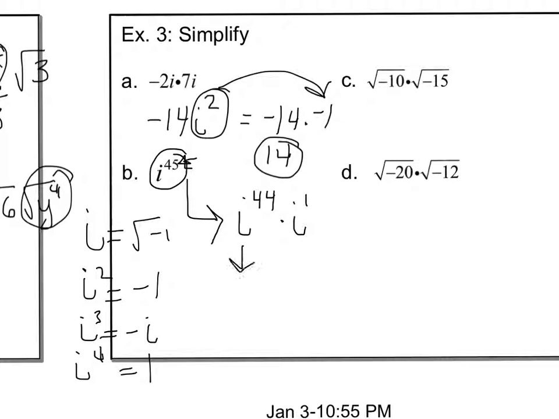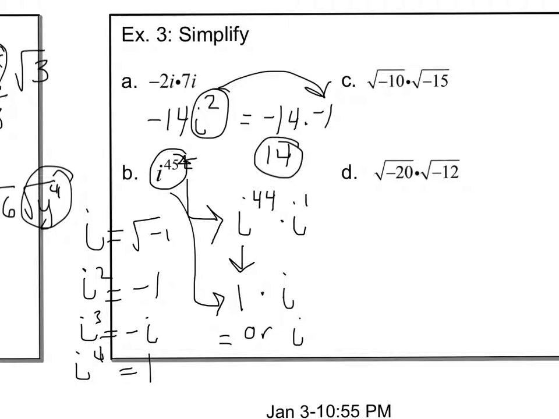Since 44 is divisible by 4, that answer just becomes the number 1 times i to the 1st, which is just i. So when I simplify for my actual answer, it becomes 1 times i, or just i. So i to the 45th is equal to i.